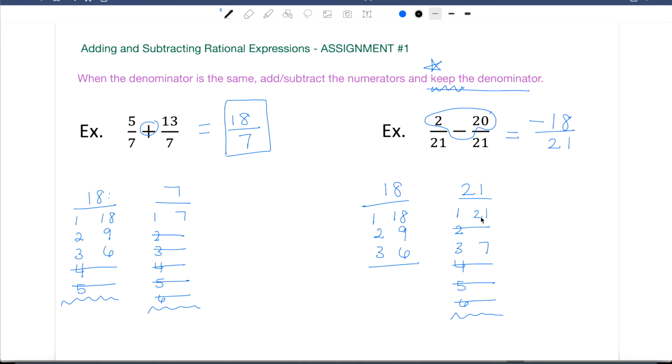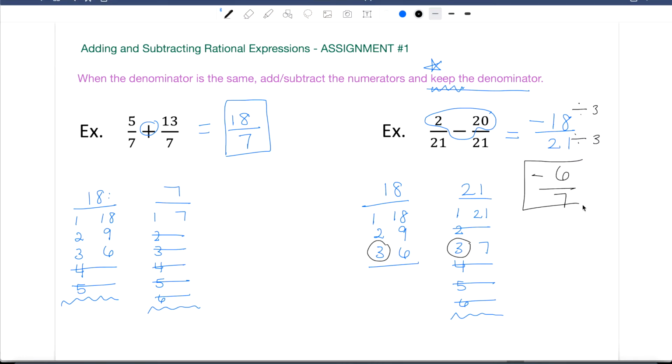If I look at the list here, they have 3 in common. So what you want to do is divide both of these numbers by the common factor. So negative 18 divided by 3 is negative 6. 21 divided by 3 is 7.